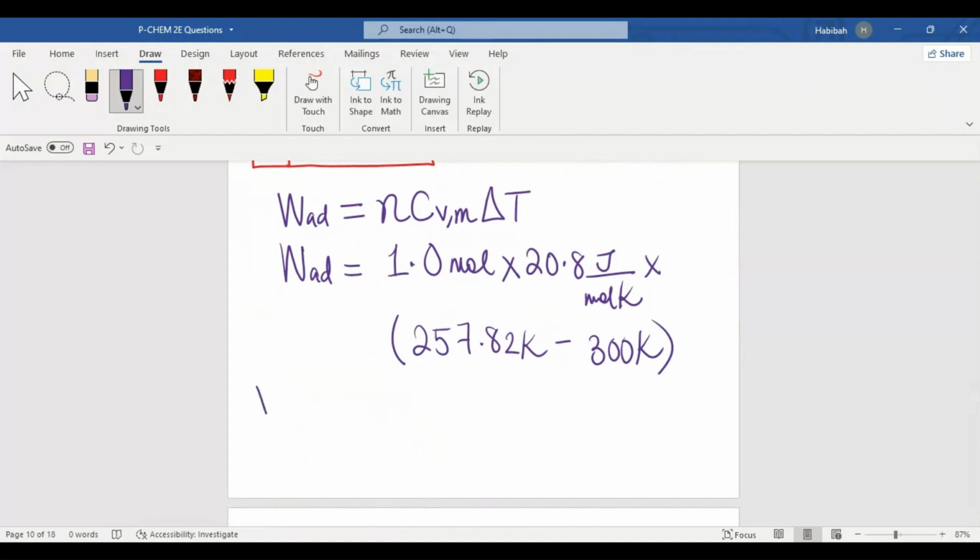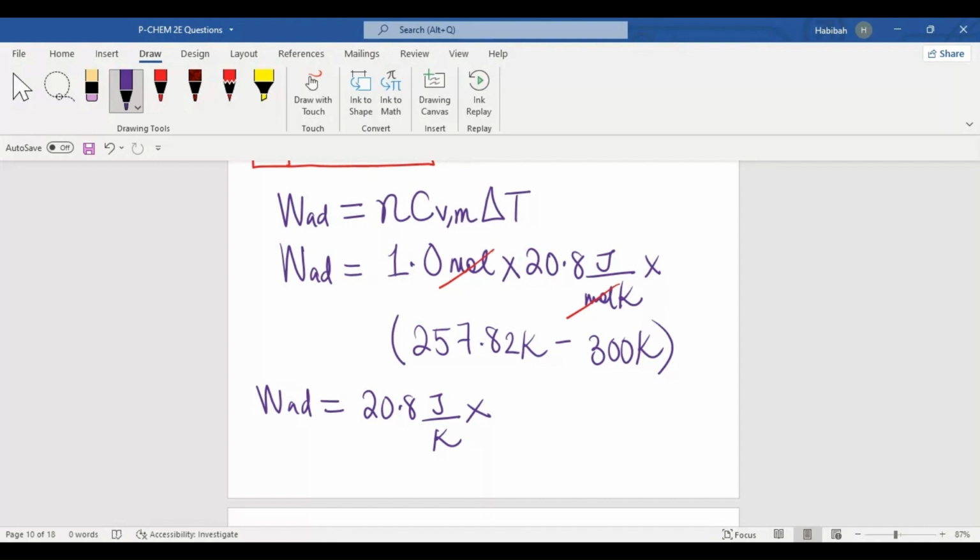So the adiabatic work done, let's cancel out the number of moles here, number of moles here. So that's just going to be 1 times 20.8 joules per Kelvin, first of all, times 257.82 kelvins minus 300 kelvins, is going to give you what?